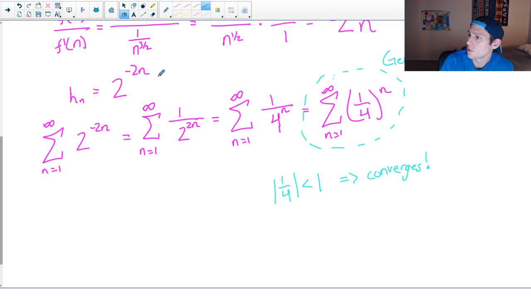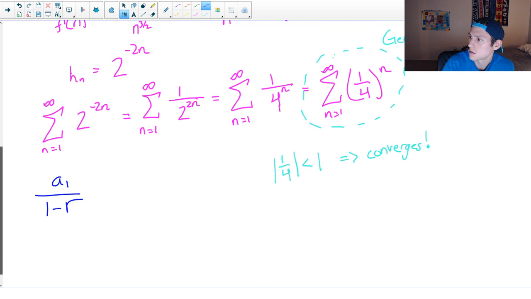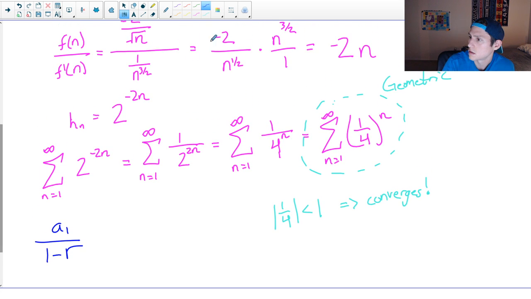Now if I actually want to figure out what the sum is, we do a1 over 1 minus r. Okay, but this is a... Let's see. Yeah, I would need to go one step further here. Or do a slight rewriting. Either one of these are common geometric forms. We just have to be aware of it.